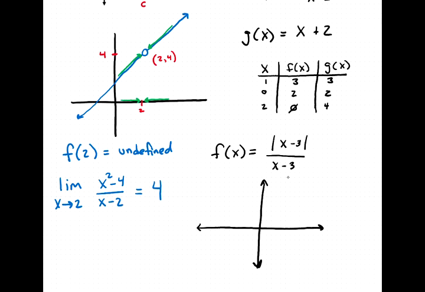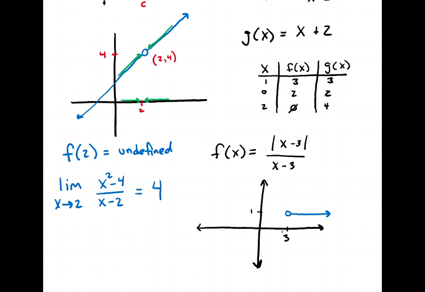So for numbers bigger than 3, if x is bigger than 3, the top is positive, the bottom is positive, and they're the same number. So for any number you plug in bigger than 3, you get 1. So the graph looks something like this. You can't plug in 3, so 3 doesn't work. There's a hole at 3.